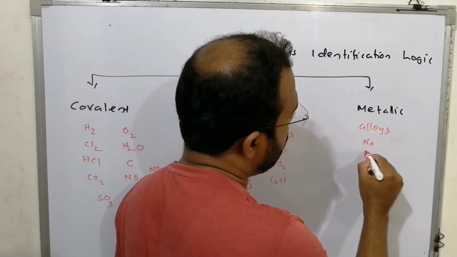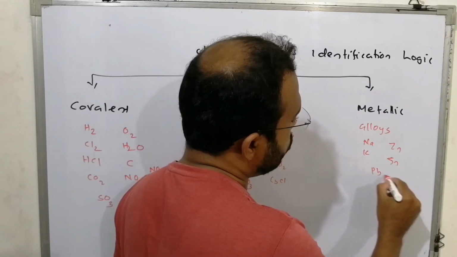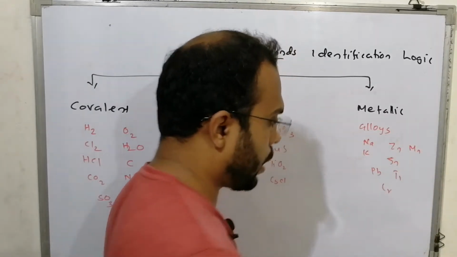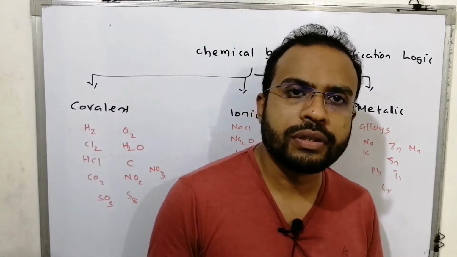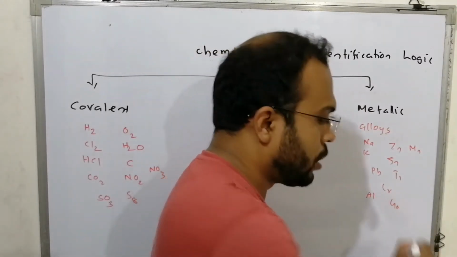metals: sodium, potassium, zinc, tin, lead, titanium, chromium, manganese. I tell you, a piece of manganese, a piece of aluminium, gold.